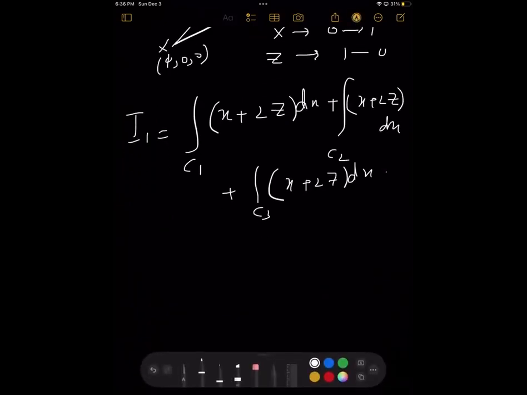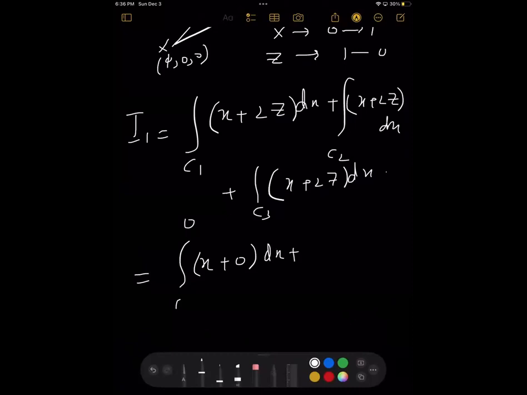In C1, it is going from 1 to 0, and this is x, y is 0, z is 0. So x dx.